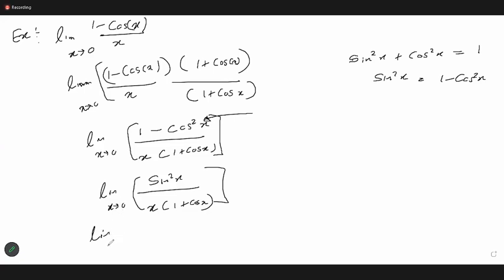Limit of, I will take one sin x, sin x over x. Again we have sin x over 1 plus cos x. I write it down and then we'll do the separation part.